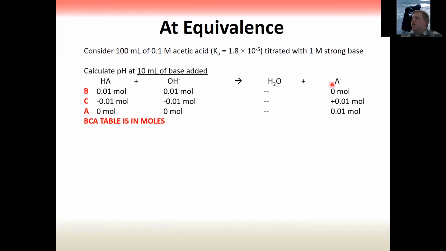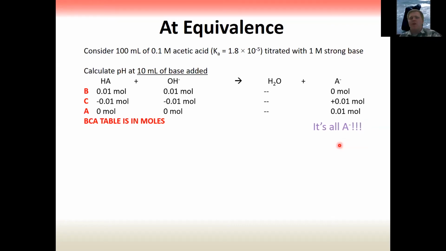And of course, we're starting with 0 moles of A minus and producing 0.01 moles of A minus. All right, so now we've used up all of our acid, all of our base, and we've converted it all into conjugate base, right? So now that it's all conjugate base, how are we going to calculate our pH?